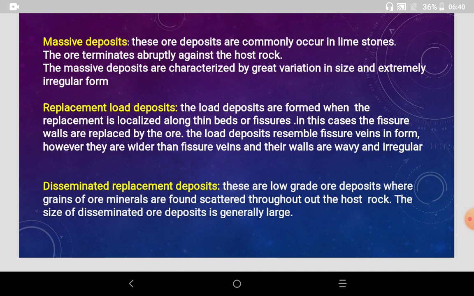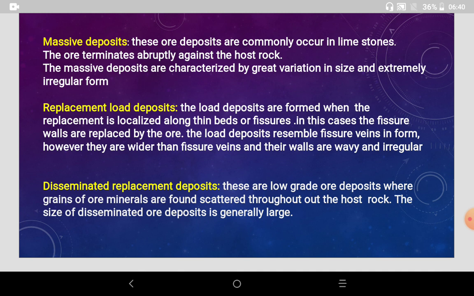The second type of replacement deposits is replacement load deposits. What are replacement load deposits? The load deposits are formed when the replacement is localized along thin beds or fissures. In this case, the fissure walls are replaced by ore.